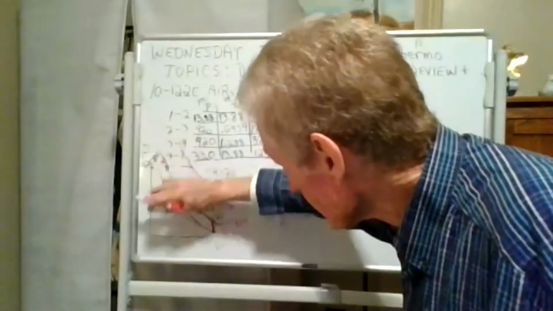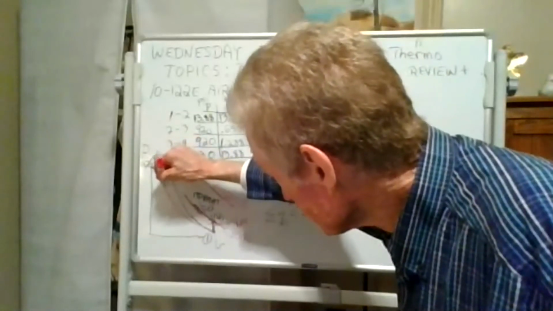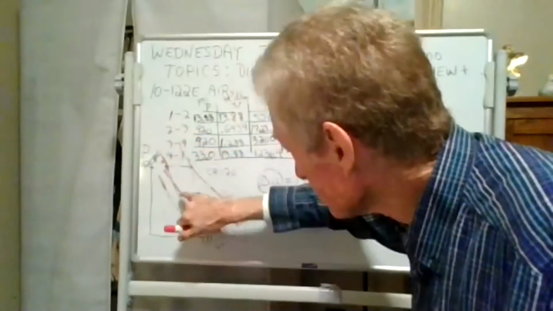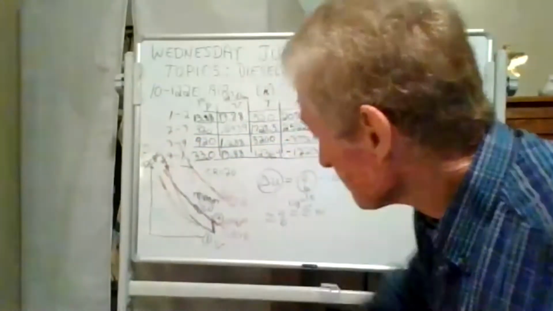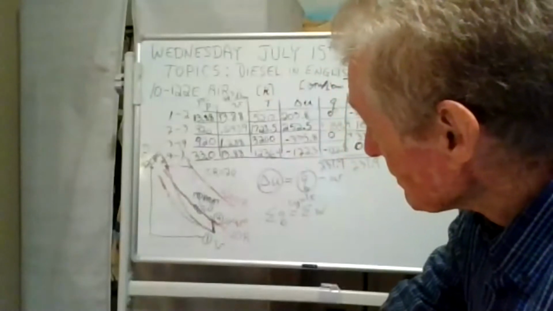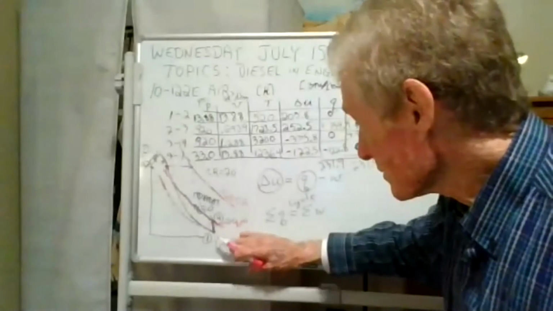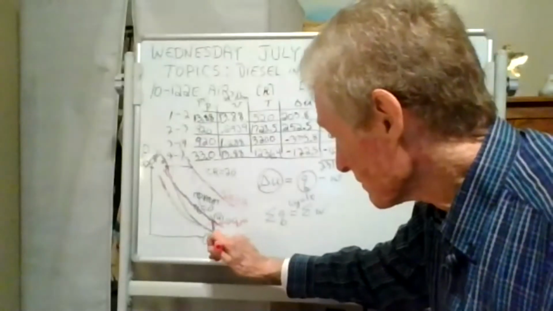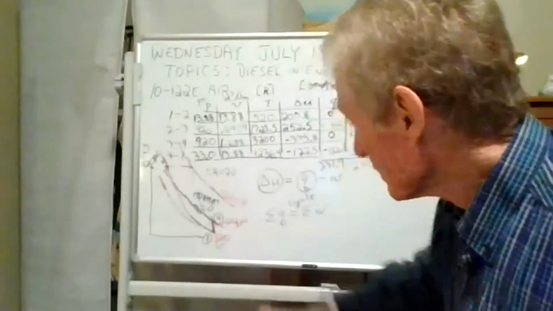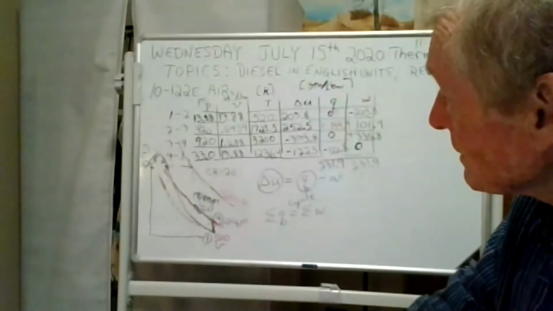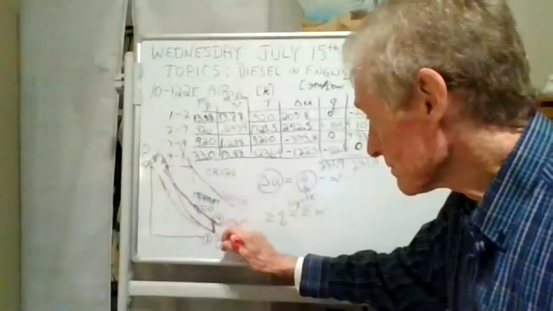I think it does this. Sorry to be so dang messy here. Now that's state 4. See, this bottom one is 520. The one going through state 4 is the 1236.